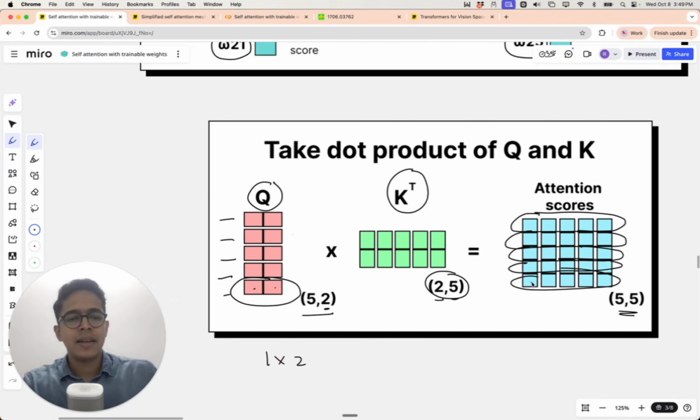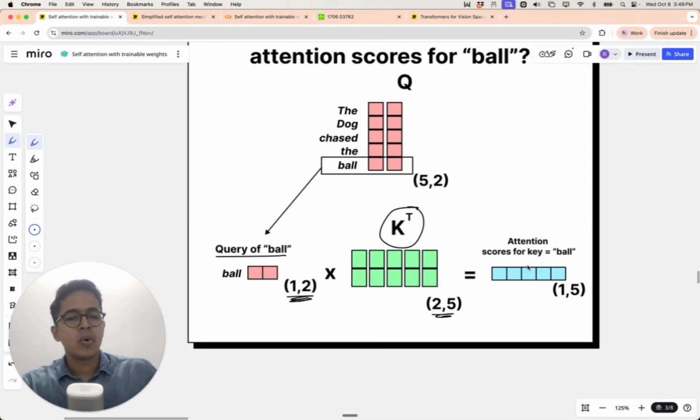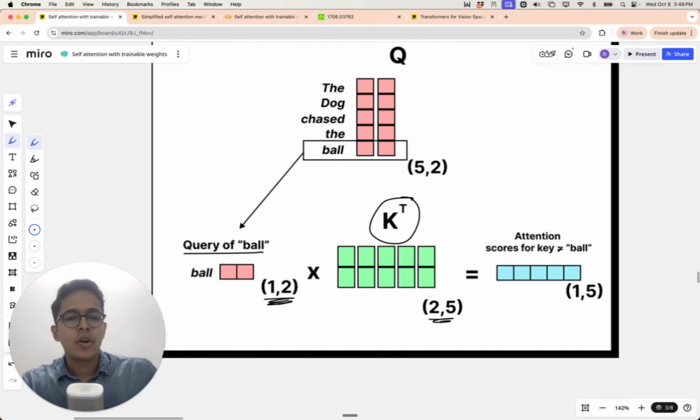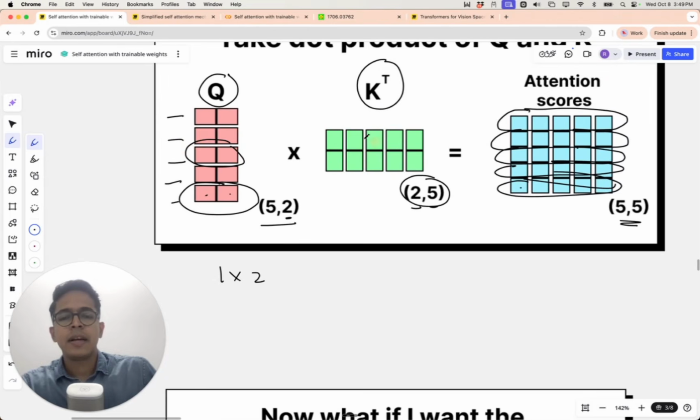That will be this last row, the attention scores not for key equal to ball, but query equal to ball. So you can individually pick up vectors from this and multiply with the transpose of key to get the corresponding attention scores.